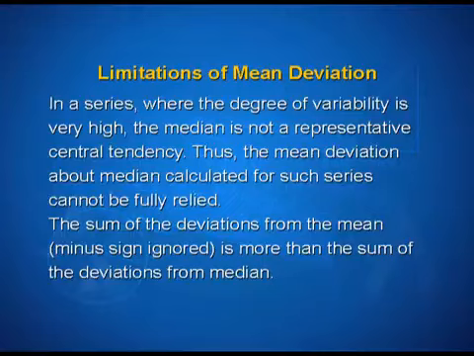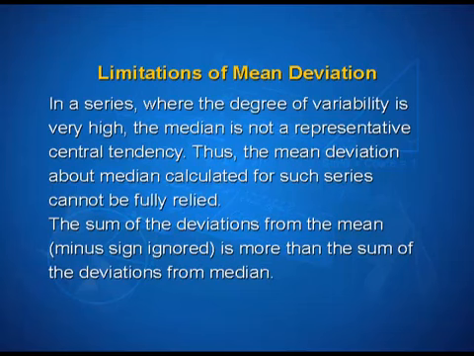Let us discuss the limitations of mean deviation. In a series where the degree of variability is very high, the median is not a representative central tendency. Thus, the mean deviation about the median calculated for such a series cannot be fully relied upon.